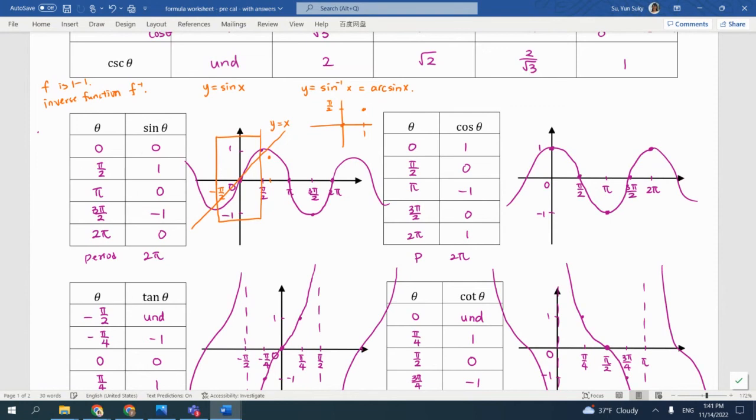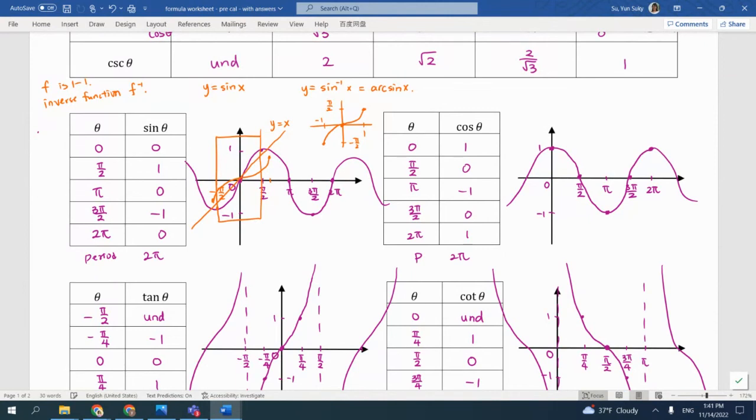And then here, this point, the mirror image will be here. So you switch the x and y. Therefore here, you get -1 and negative pi over 2. So this point becomes this point. And then when you draw them together, you get the graph of the inverse sine function.